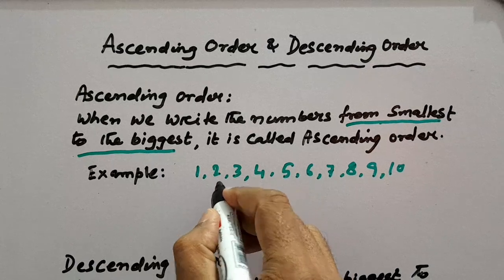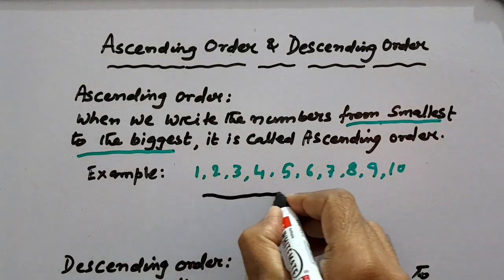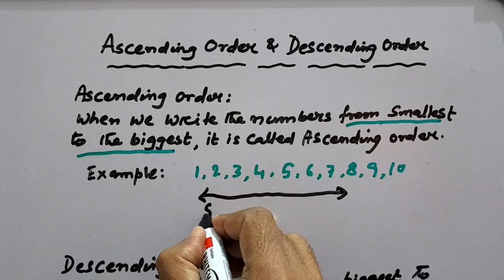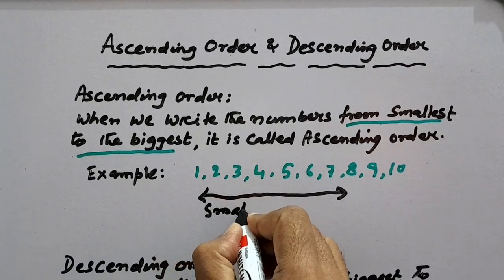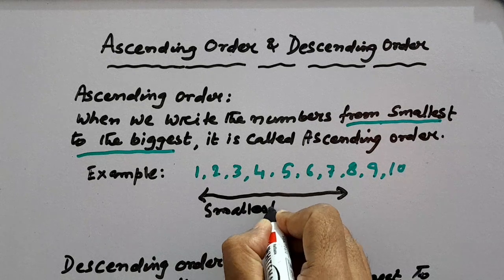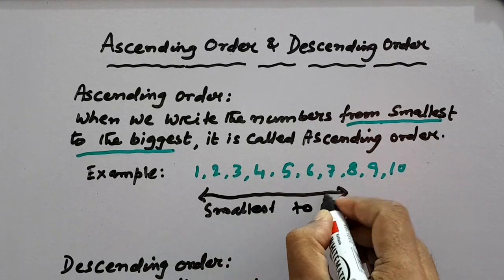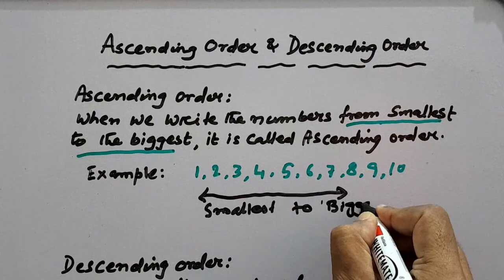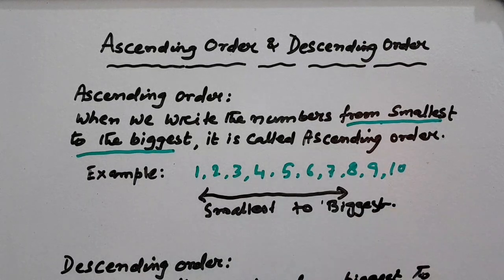These numbers are in ascending order because we have written these numbers from smallest to biggest. So remember, in case of ascending order, we write the numbers from smallest to biggest.